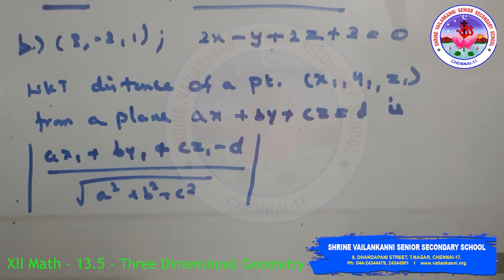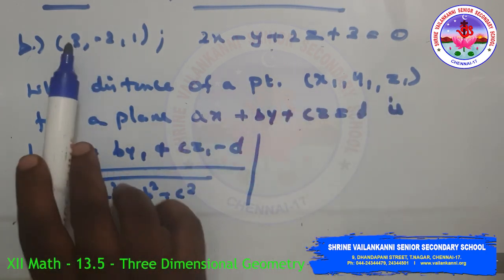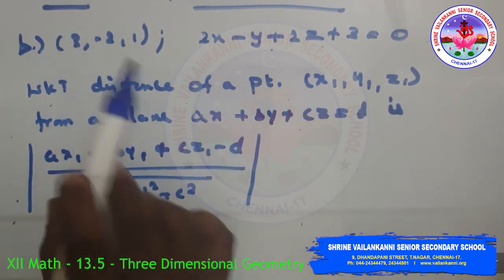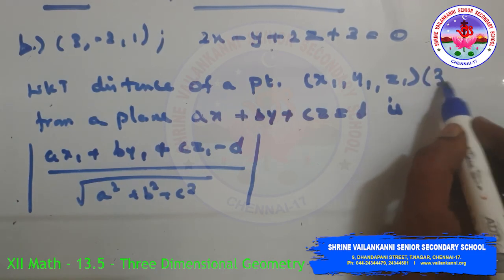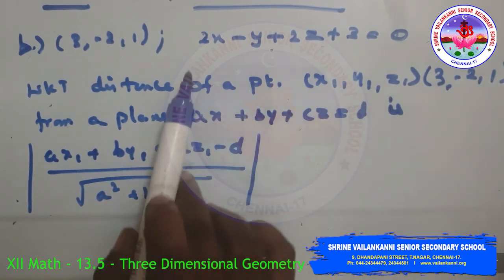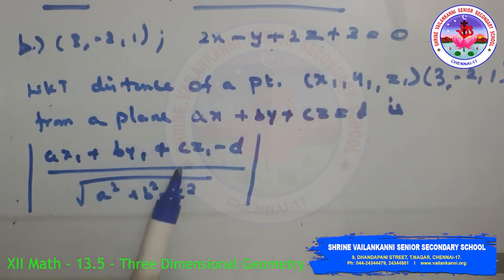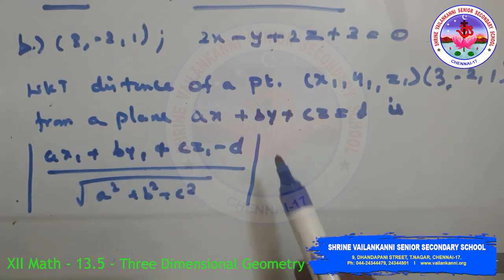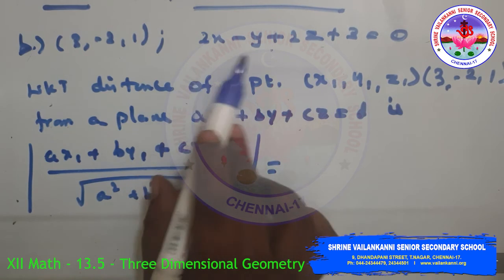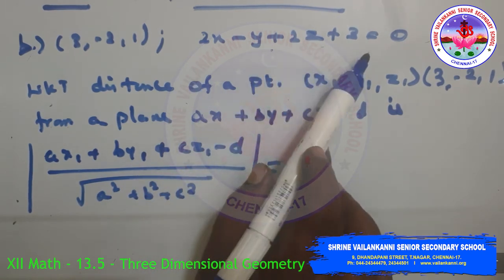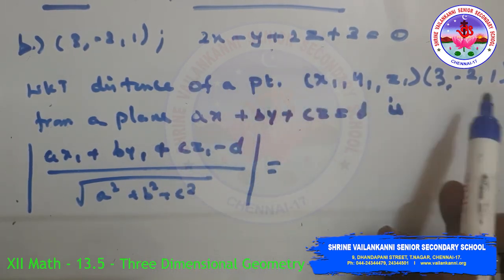Second subdivision: the point x1, y1, z1 is 3, minus 2 and 1, and the plane is given as 2x minus y plus 2z plus 3 equal to 0. Using the formula, modulus of (ax1 plus by1 plus cz1 minus d) divided by root of a square plus b square plus c square. The plane is 2x minus y plus 2z plus 3 and the point is 3, minus 2, 1.